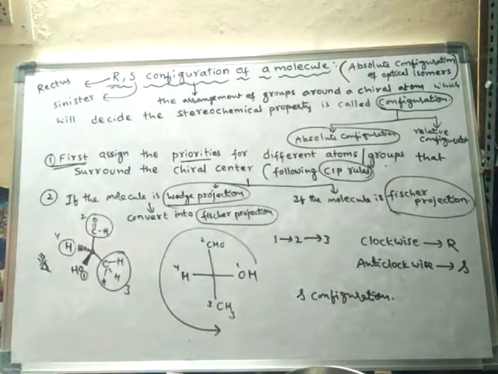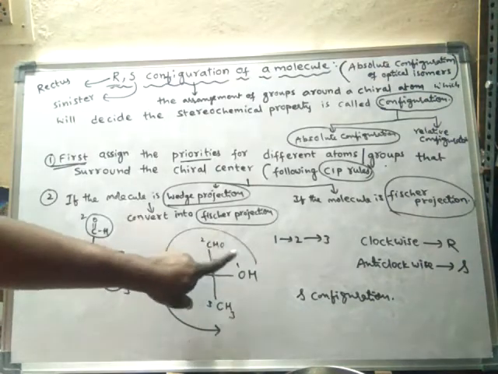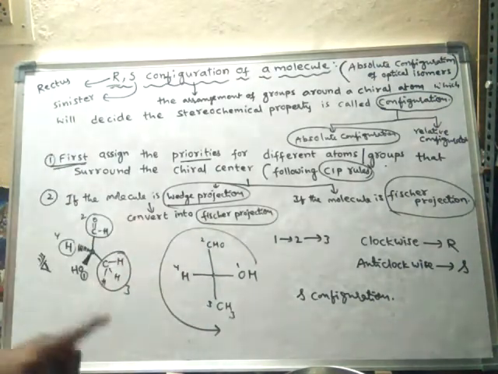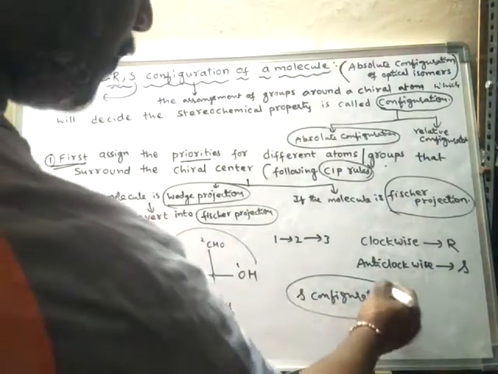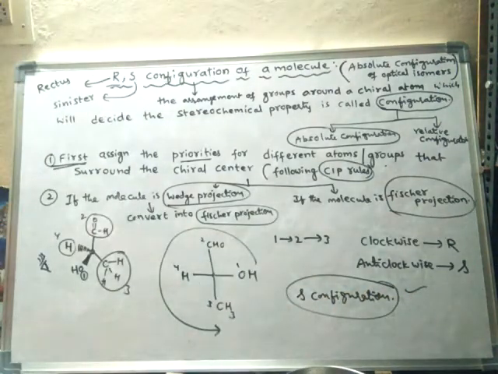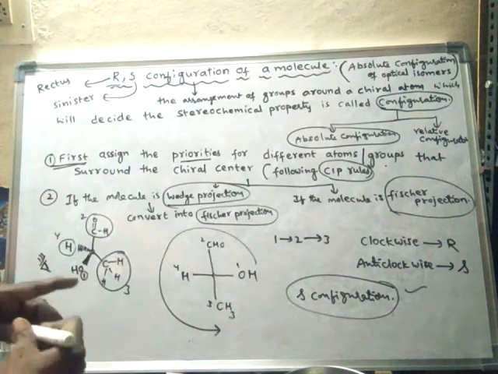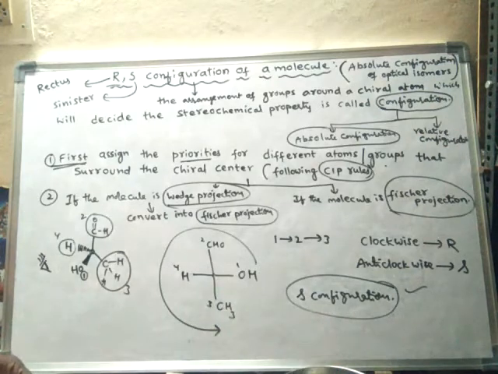Okay, S configuration. One thing we have to keep in mind. Actually it should be S configuration, but after writing the configuration, we have to check whether it is correct or not. In that checking, we should see where the lowest priority group is arranged, either vertically or horizontally.